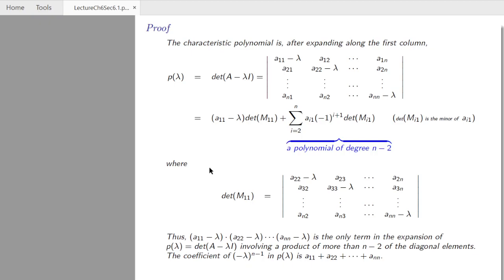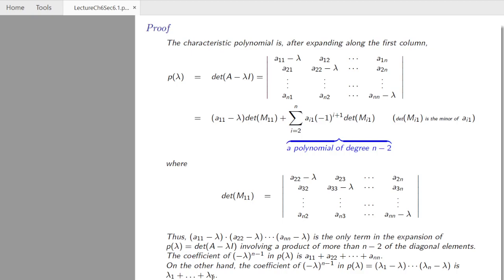From where? From the polynomial p of lambda. Recall on the last page, we showed that p of lambda is the product of lambda 1 minus lambda, lambda 2 minus lambda, up to lambda n minus lambda. So from that, the coefficient of negative lambda to the power n minus 1 is lambda 1 plus lambda 2 up to lambda n.